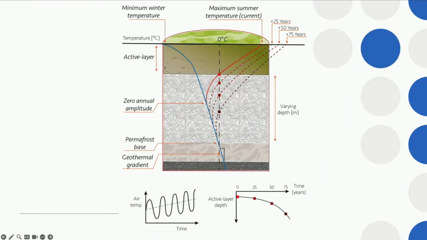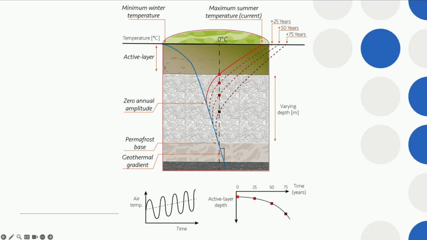This is a quick snapshot of how the active layer usually evolves over time. The active layer is usually about half a meter to 2 meters thick, depending on where you are, and it seasonally freezes and thaws. Here the blue line is your lowest minimum temperature, and the red line is your summer temperature.